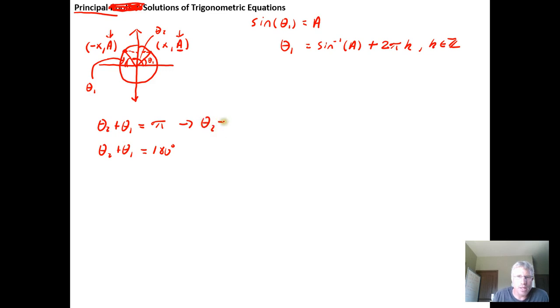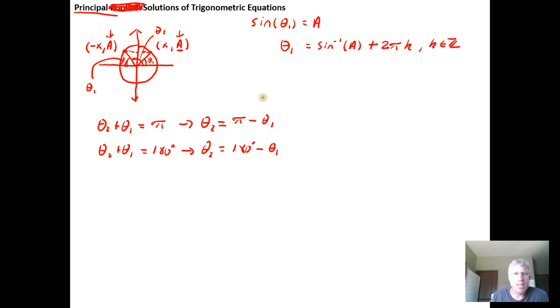So either theta 2 equals pi minus theta 1, because theta 1 and theta 2 are supplements, or theta 2, if we're working in degree world, is going to equal 180 degrees minus theta 1.